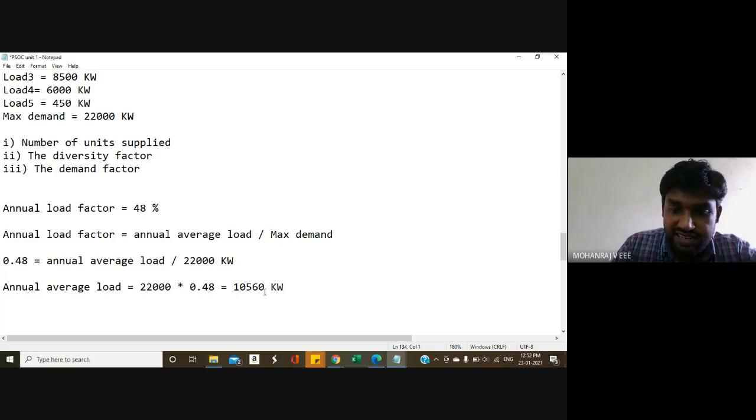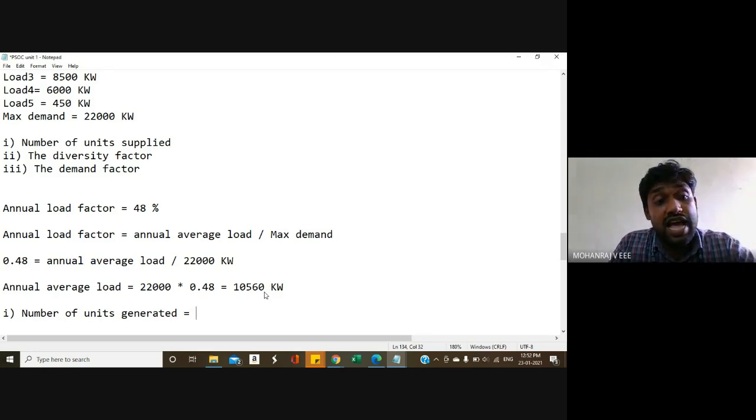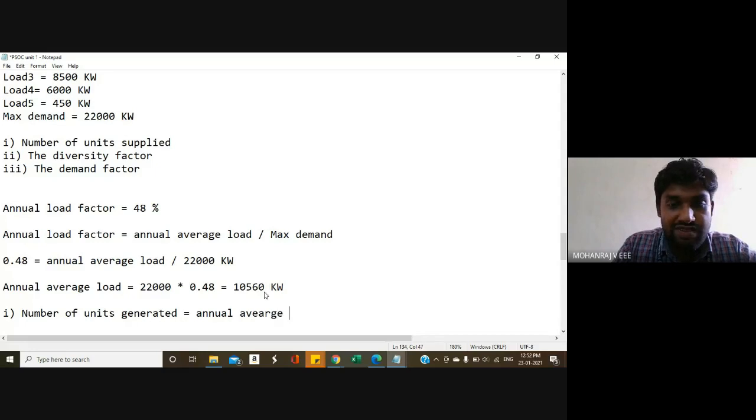Now we have to calculate our first unknown, that is the number of units generated. What is the formula for the number of units generated? It is equal to the annual average load, which is 10,560, into the number of hours in a year.